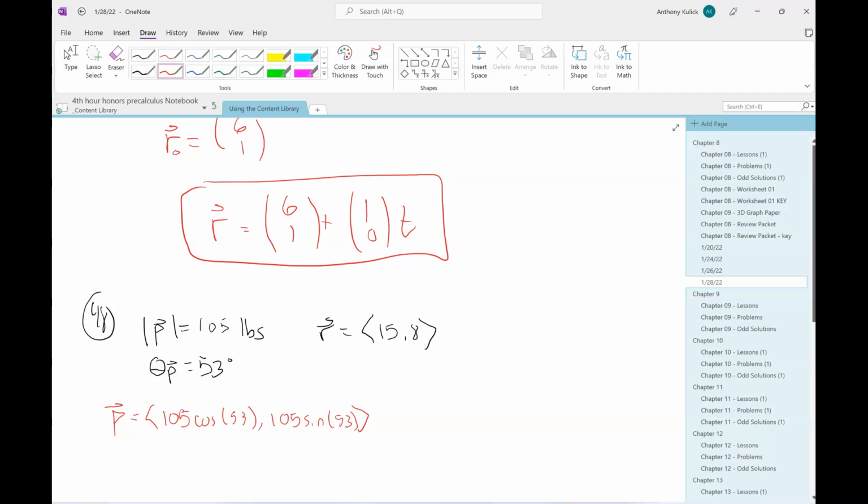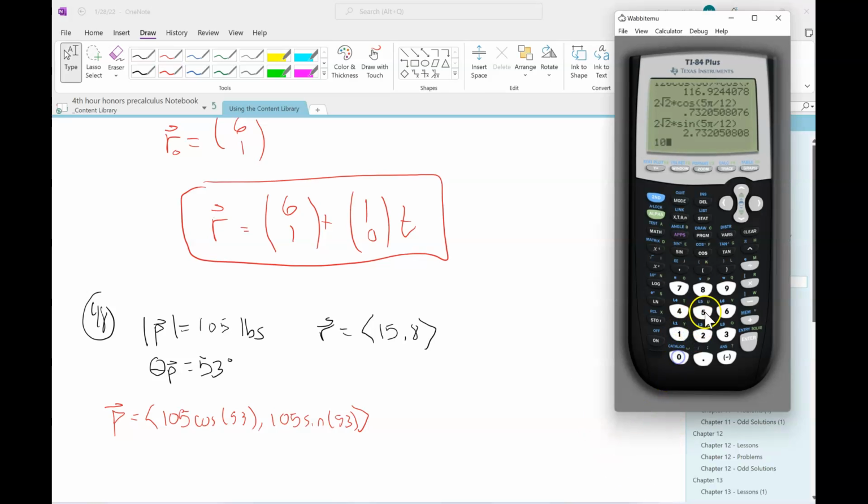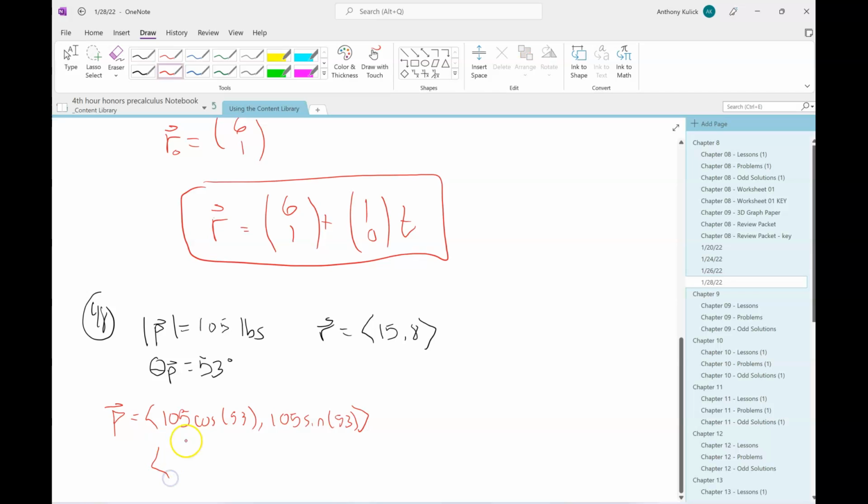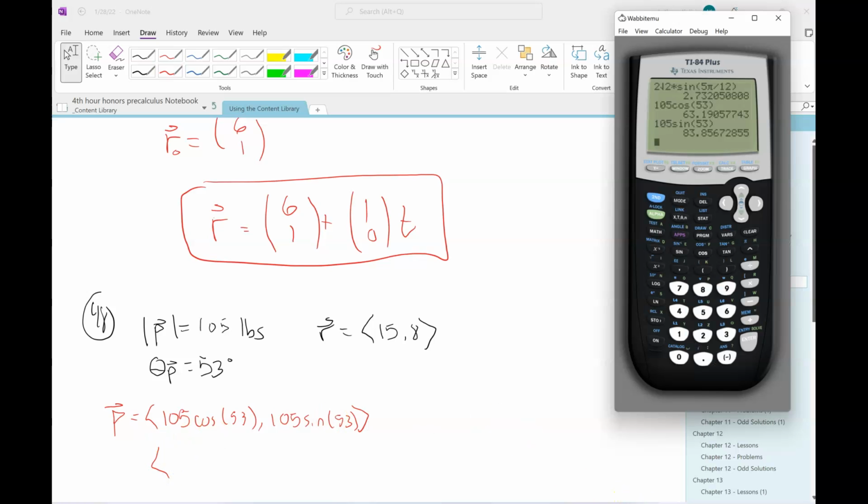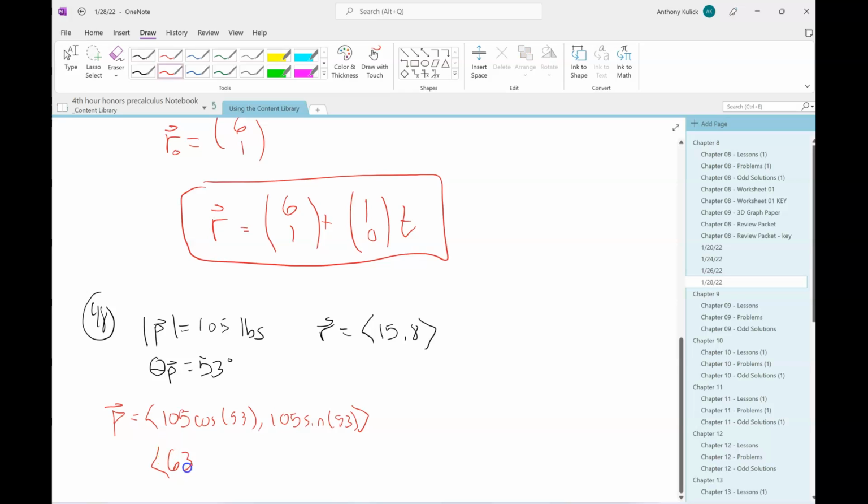Let's just get the number there. So I have 6319 and then 8386.